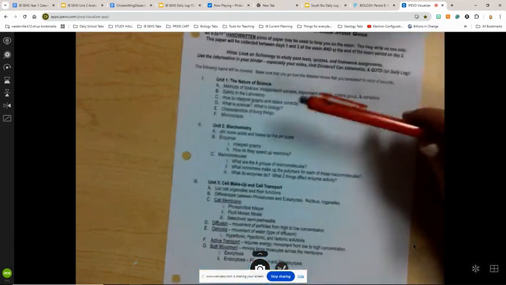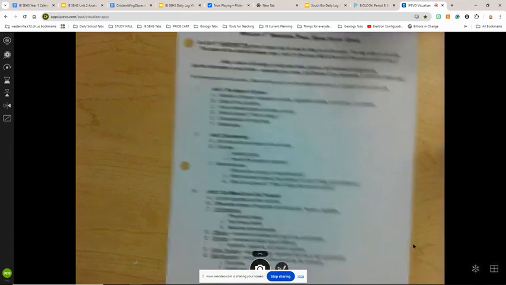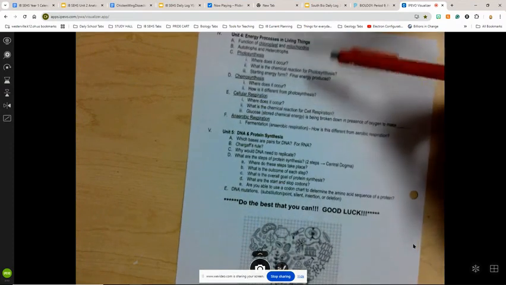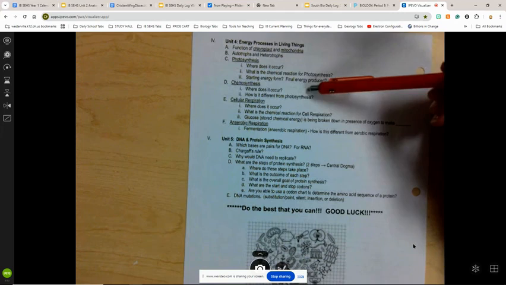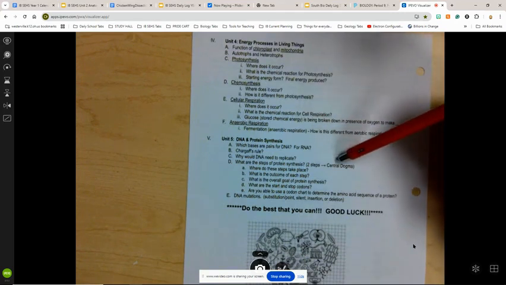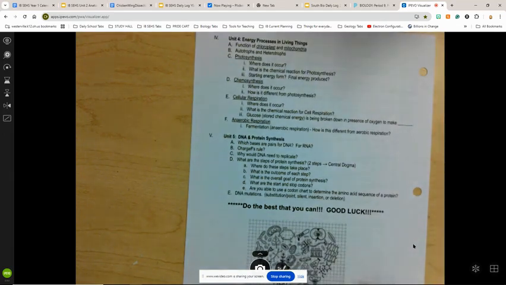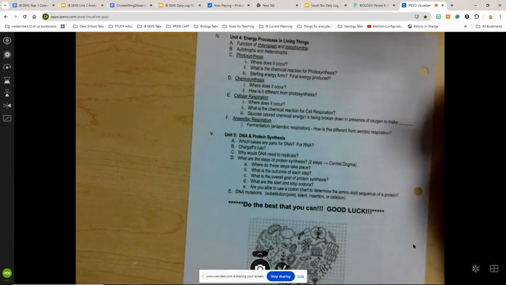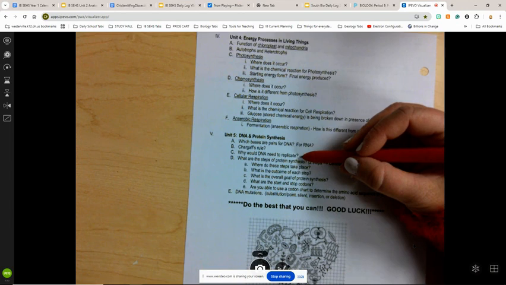So you have 5 units that you're doing: nature of science, biochemistry, cell makeup and cell transport, that's the osmosis and stuff, cell energy, photosynthesis, and cell respiration are the main ones, and then DNA and protein synthesis, and don't forget the mutations at the end. You should know why DNA needs to replicate, even though we haven't gone through the major details of it.